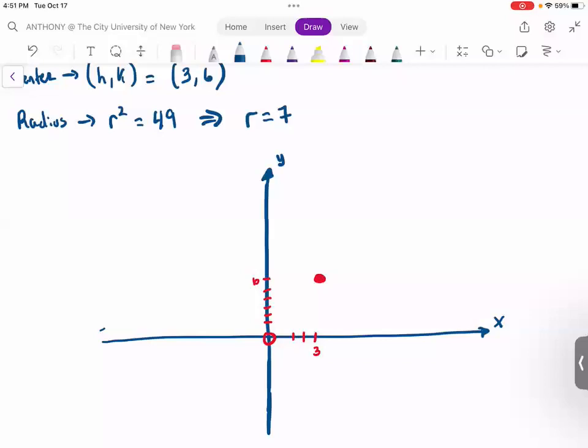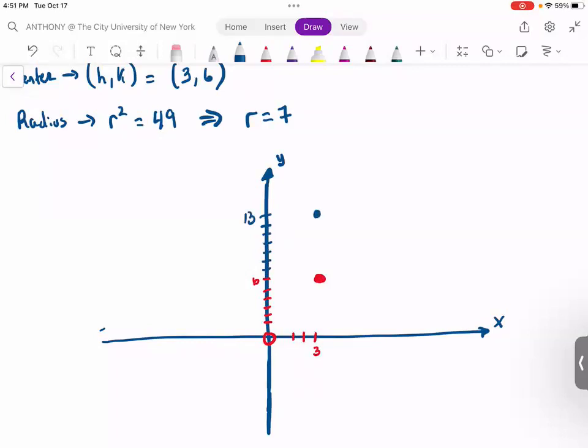If I went 7 units up from the center 3, 6, what would be my new coordinates? Yeah, 3, 13.